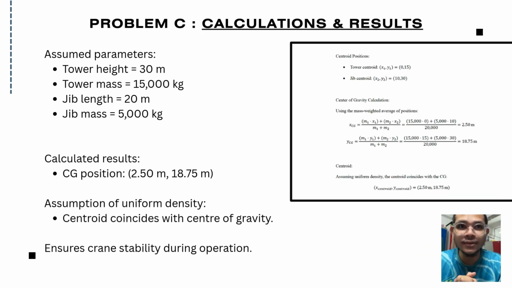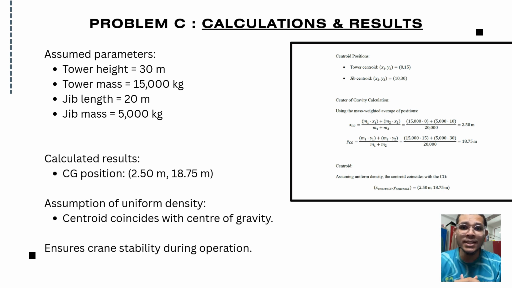So let's have a look at our case study. We have analyzed the stability of a tower crane using some assumed parameters. This is our specification. The tower height is 30 meters. The tower mass is 15,000 kilograms. The jib length is 20 meters and the jib mass is 5,000 kilograms.